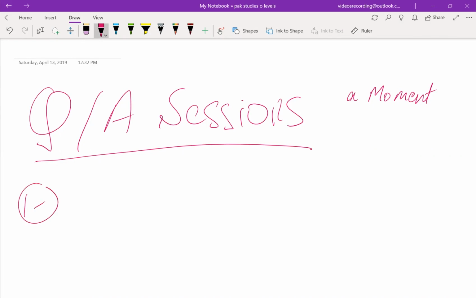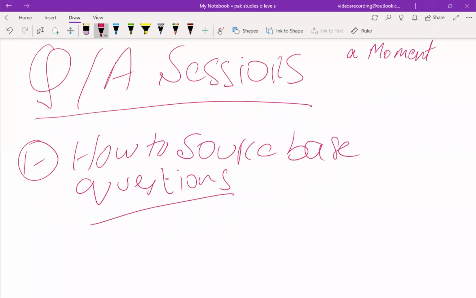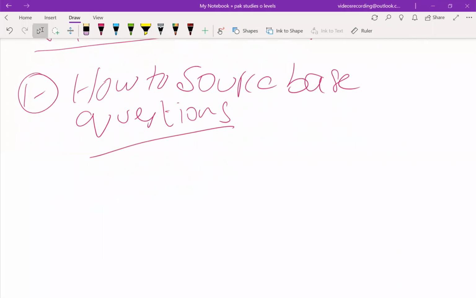So here we have a question: how to do source-based questions? Well, as you might all know, the first question usually is regarding an insert or a source that is given within the examination paper.